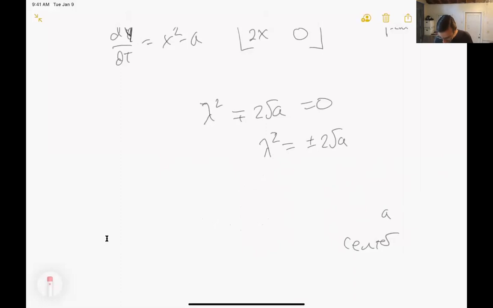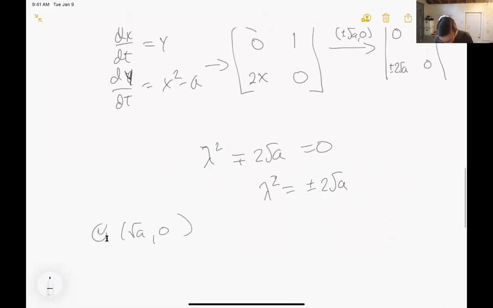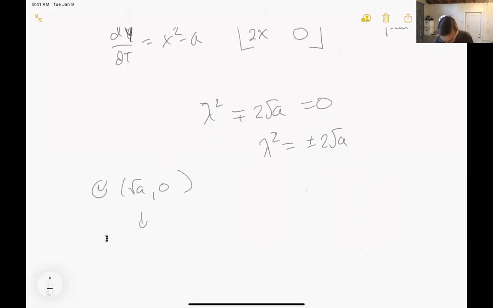There are 2 equilibrium points, right? So from the very beginning, if we're at the equilibrium point positive root a, comma 0, then at this point in the derivation, we're getting lambda squared equals 2 root a.